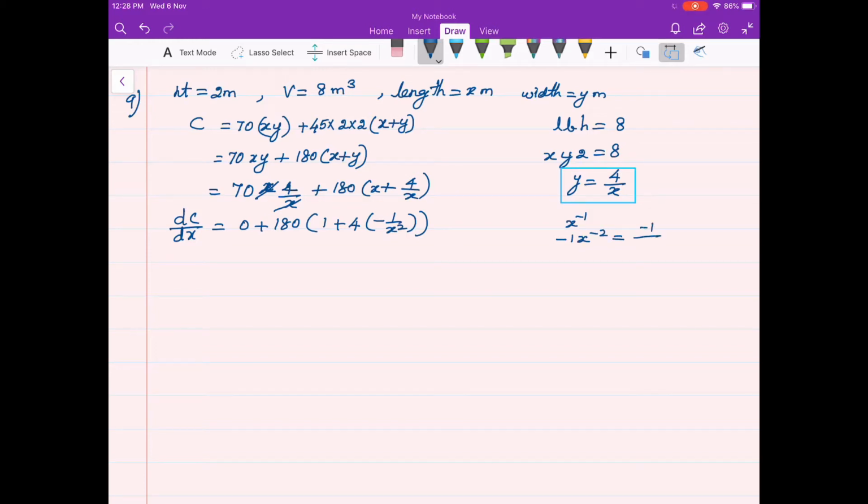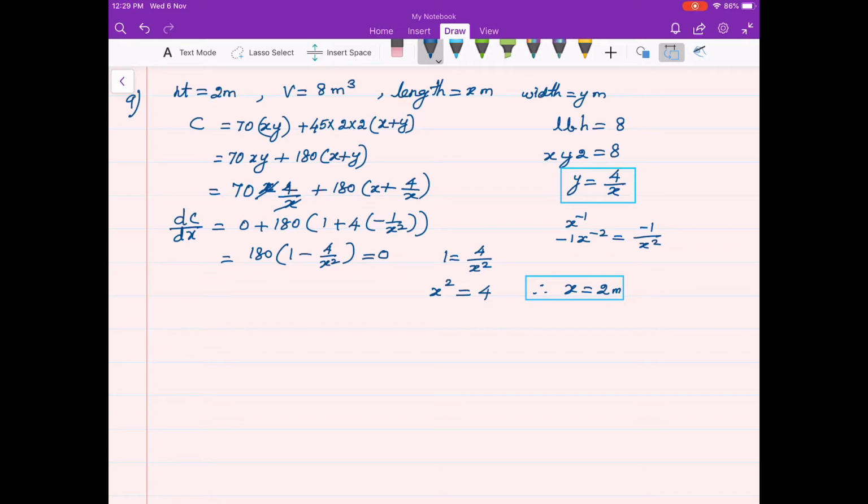Therefore, it becomes minus 1 over x square. 180 times 1 minus 4 divided by x square. Equate this to 0. We get 1 is equal to 4 divided by x square. X square is 4. Therefore, x is plus or minus 2. But here x cannot be negative. Therefore, x must be 2 meters.